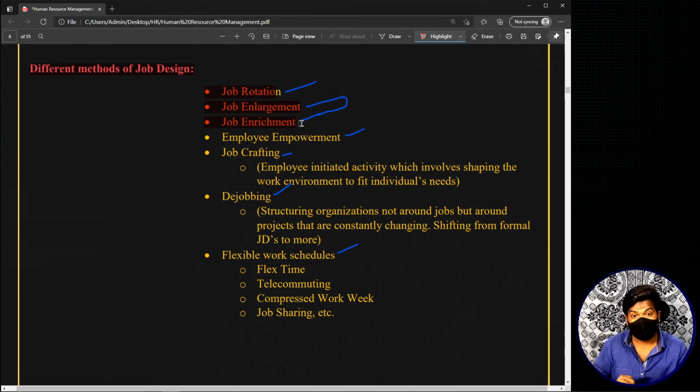Now this person should be trained again. That means a new set of skills has to be imparted to this pre-existing human resource manager. Then only can he go and perform in the operations department.